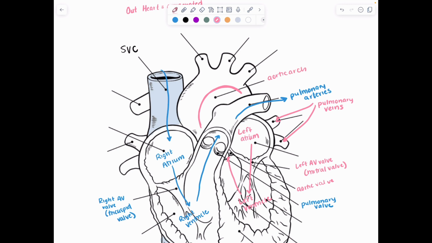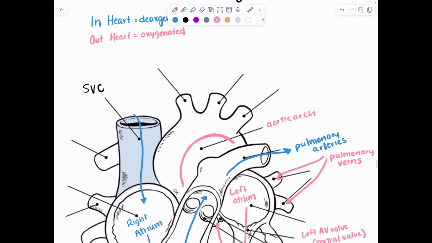And coming off of my aortic arch, I have 3 different projections. Remember, I'm looking at someone, so the first one would be all the way on the right. That's going to be my brachiocephalic trunk.